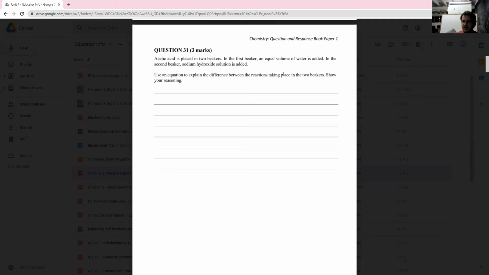So who's forgotten the molecular formula for acetic acid? Acetic acid is another name for methanoic acid, in case you're wondering.